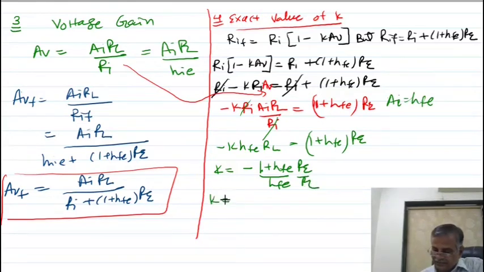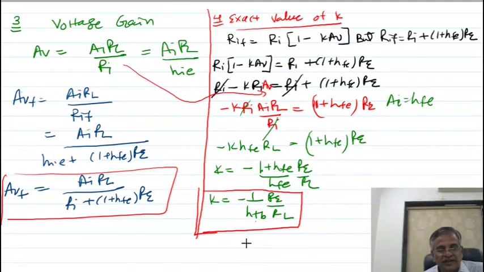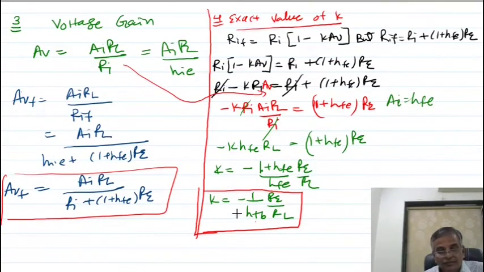So K is nothing but minus 1 upon HAB into Re by RL. This is your exact value of K. HAB, you know that HAB upon 1 plus HAB, that's why I have written directly. So actually what is your K? You have written in the previous slide minus Re by RL. So what is the exact value? The exact value is this: minus 1 upon HAB into Re by RL.